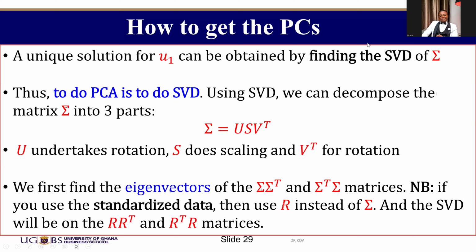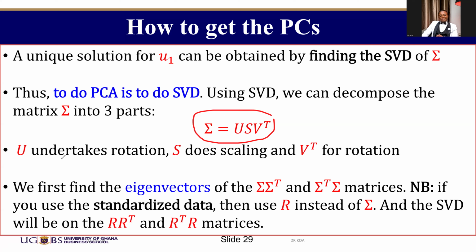So basically, doing principal component analysis is just a matter of doing SVD. We decompose that matrix into 3 parts, and this is where we will land. We are just going to replace it, and you will see that very soon.